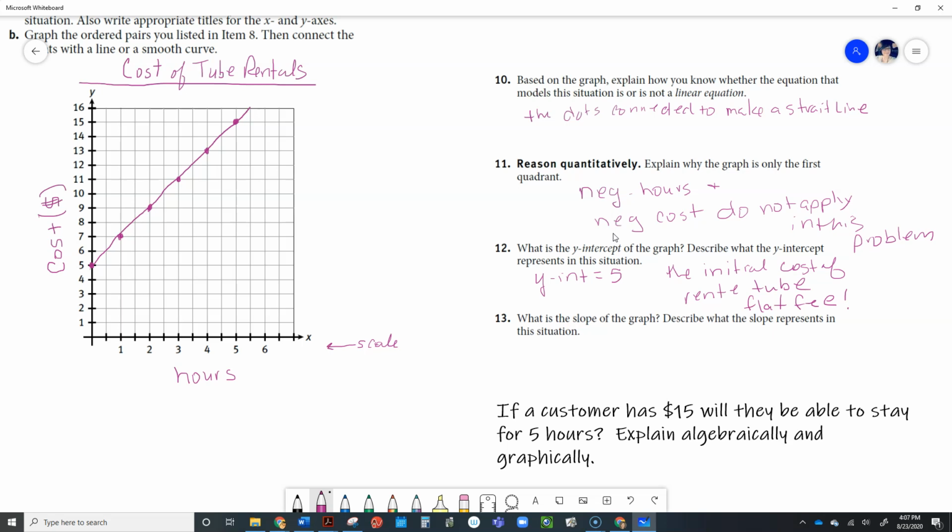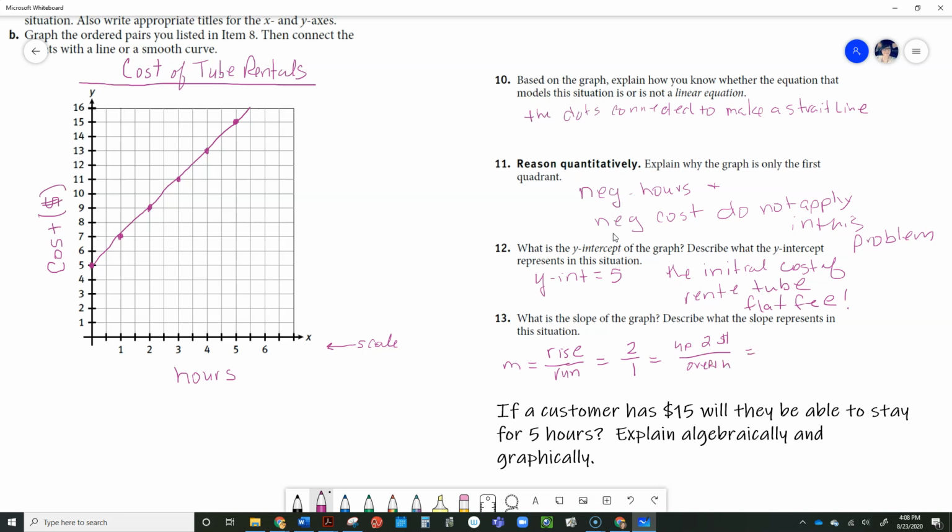What is the slope of the graph? The slope of the graph is, what did we say? We said rise over run. Remember, slope is rise over run. And here's the best way to explain what the slope is. We did rise 2 and we run 1. We went up 2 over 1 hour. So we went up $2 and we went over 1 hour.